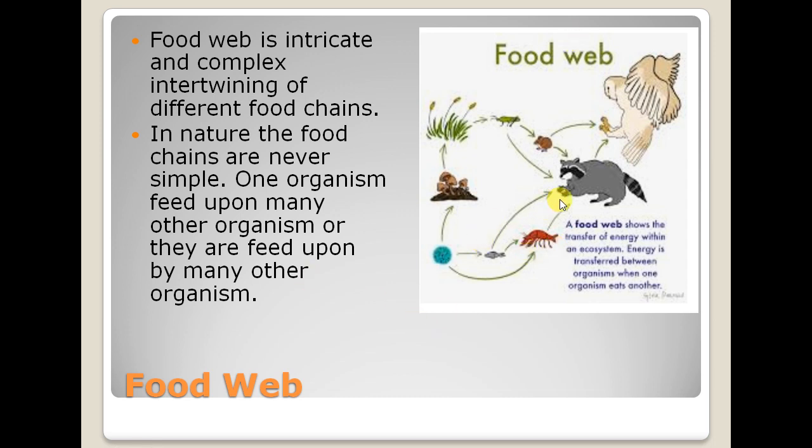Lobster is also eaten by the skunk and many others like this. Different organisms are eaten by a single organism, or a single organism is eaten by many different organisms. So the food web shows the transfer of energy within an ecosystem. Energy is transferred between organisms when one organism eats another.